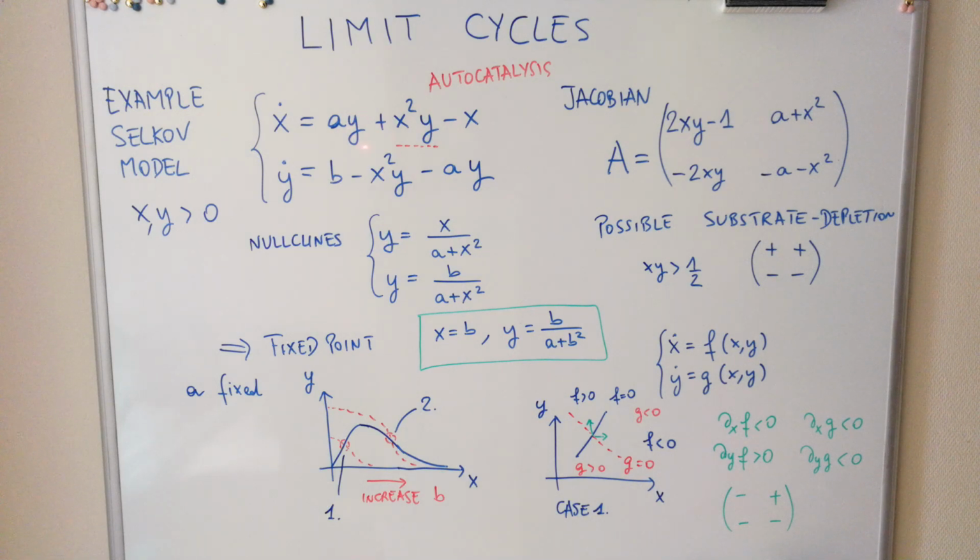A simple calculation shows that this vanishes when y is equal to this, and the right hand side vanishes when y is equal to this other quantity. So the fixed point is the intersection between these two, which is very easily found. It has to be x equal to b and y equal to b divided by a plus b squared. Okay, so this is our fixed point.